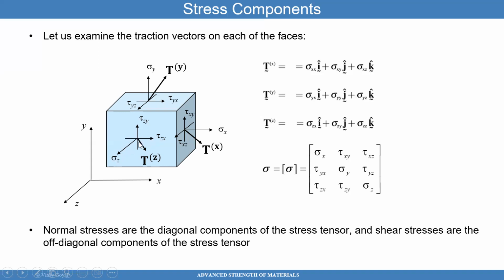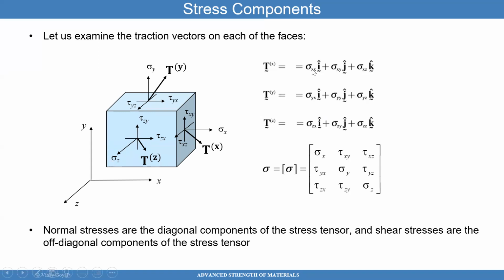Sigma zz is acting perpendicular to that surface, while the other two components, where the first subscript is z because it's acting on the z phase, and y because it's in the y direction, and x in the x direction. These three components finally make up the traction z that you see here in the third line. This came from my book, this image, and this image also came from my book.